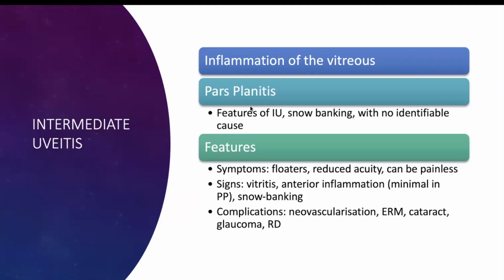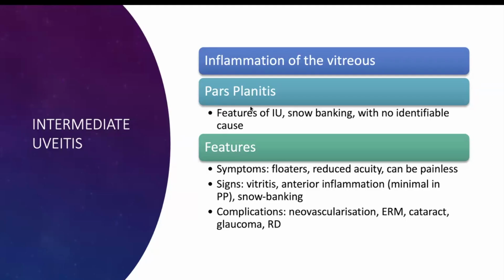The pain from a uveitis tends to come from the contraction of the muscles of your iris. So with an intermediate or posterior uveitis, a lot of the time these patients are not in a lot of pain, but they complain instead of floaters and sometimes reduced acuity. And that might be because of the floaters themselves, or it might be because they have some CMO related to it.